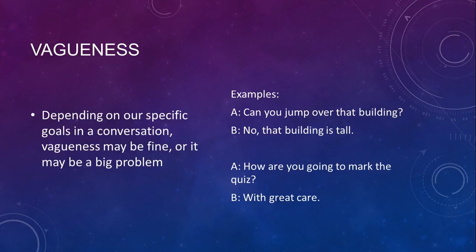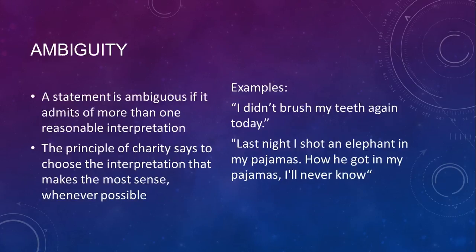So in that context, given what you care about, given your goals, given your interests, that's way too vague to be a satisfying answer. In other contexts, that might be fine. Okay, so vagueness. It's everywhere. But that doesn't mean that you can just let your language be maximally vague, or that you don't have to care about the degree of vagueness in your language.